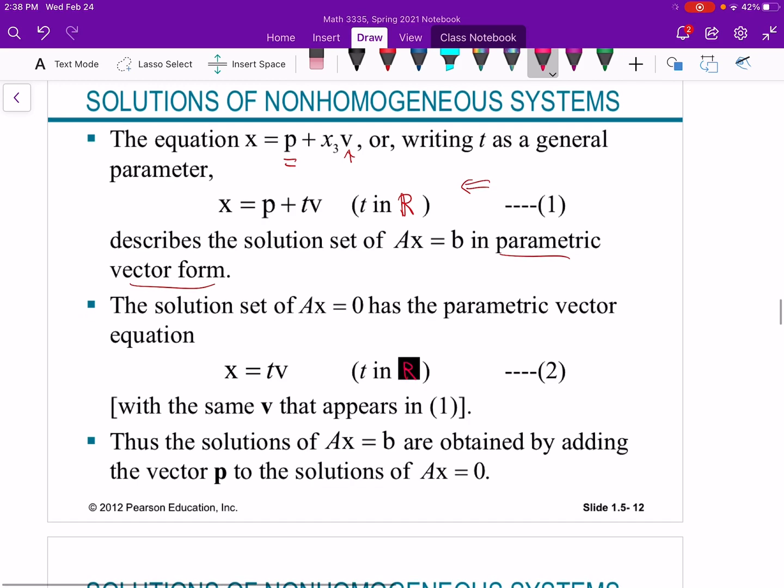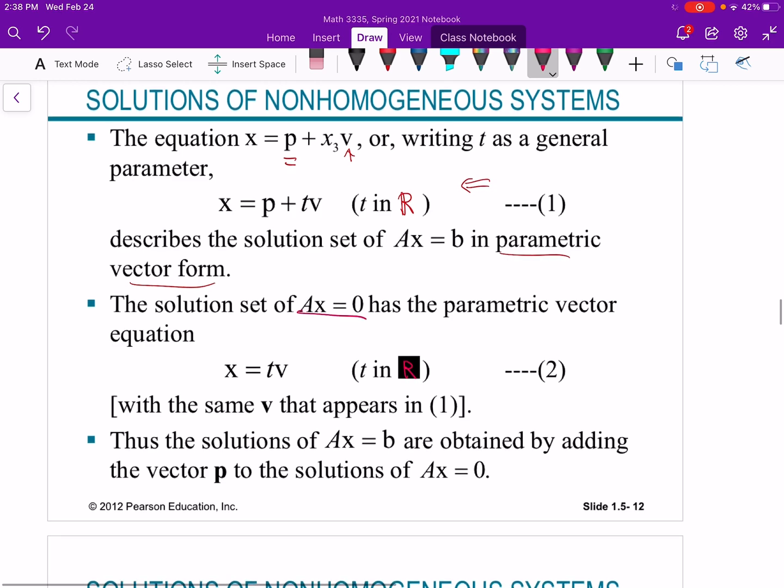So the solution set of Ax equals 0 has a parametric vector form of this. Think about that. If I plug it in, this means A p equals b, a particular solution. If I apply A to p plus x3 v, remember v is a solution to the homogeneous system. You distribute the A, so that becomes Ap plus x3 Av.